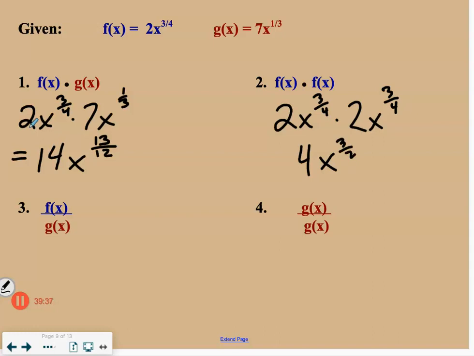We reduce our fractions. All right, f divided by g. 2x to the 3/4 divided by 7x to the 1/3. So 2/7 is just 2/7. So I need to subtract these.